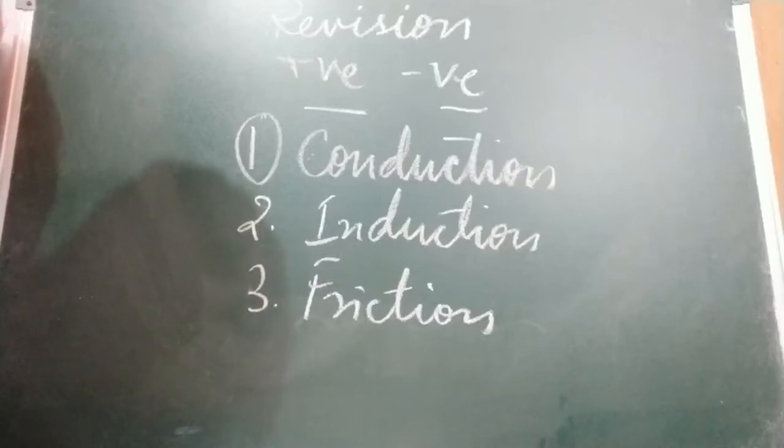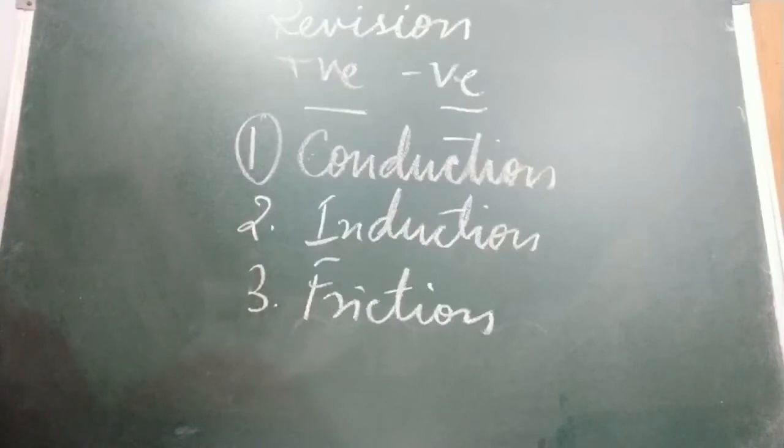Charging by induction: a body can also be charged by bringing a charged body near it, but not touching it, from a distance. This is called charging by induction. In this case, the body being charged acquires an opposite charge to that of the body charging it.